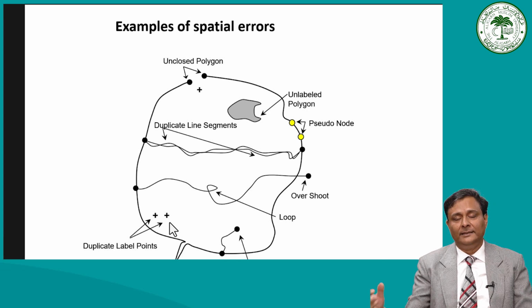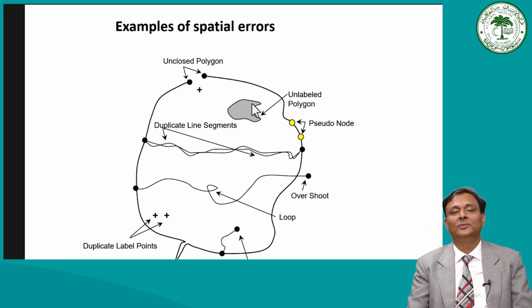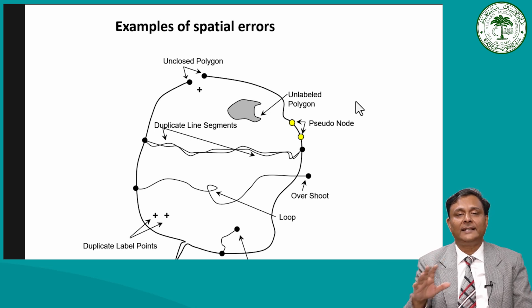Now I said that in modern day we have spatial information softwares which have built-in error removal programs. When you are finalizing your digitization and bringing it into the spatial information, they would highlight these errors, and you would automatically know that this polygon needs to be closed, there are pseudo nodes existing, there is an unlabeled polygon, so you can rectify these errors then and there.